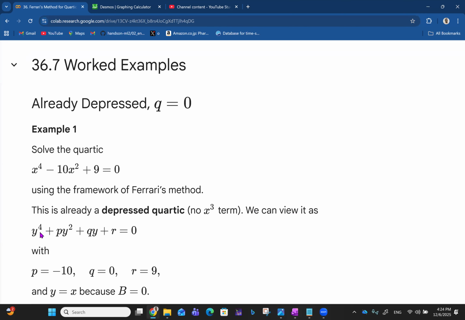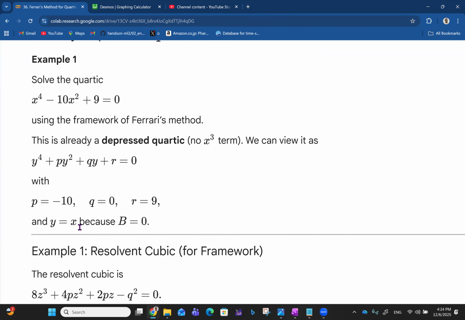So we can view it as y raised to power 4 plus py squared plus qy plus r equals 0. If you look at it, p is minus 10, q is just 0 since there's no term in x, and the constant r is 9. In this case, y is equal to x because b is equal to 0.